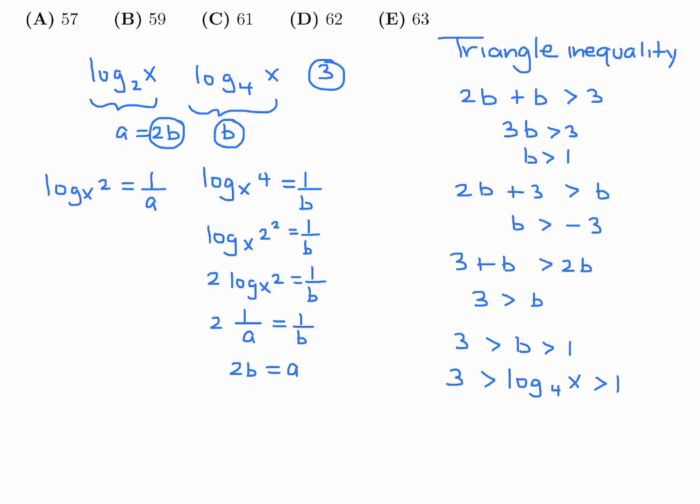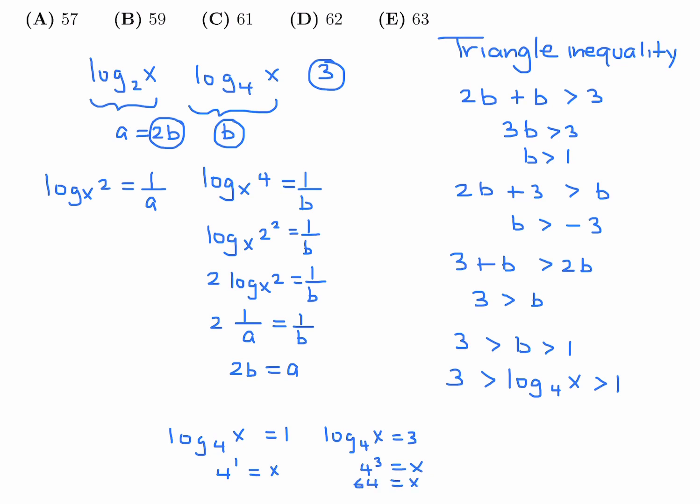Okay. Well, let's do this on the side here. The log of x to the base 4, if it equals 1, that means 4 to the power of 1 is x. And if the log of x to the base 4 is equal to 3, then that means x is equal to 4 to the power of 3, and that is 64.